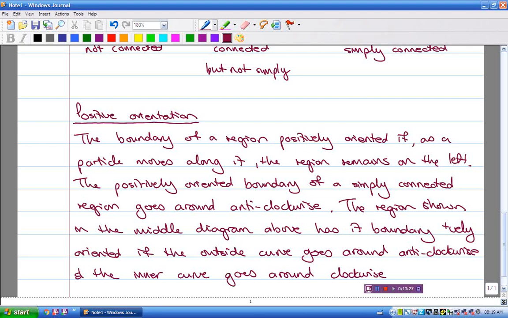Okay. Yeah. So if you have a region and its boundary is defined in such a way that in fact it's going around negatively oriented, then that's fine. But if you want to apply Green's theorem or one of its friend theorems to that region, you would need to keep that in mind and change the orientation of the boundary.